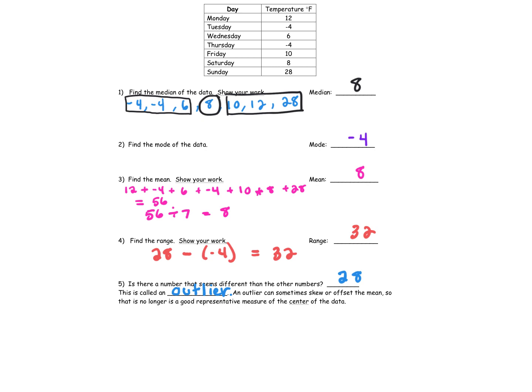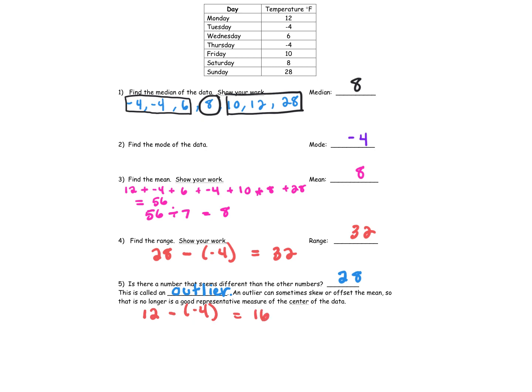However, if I look at the range without 28, the range of numbers is from 12, that's the highest temperature without 28, minus -4, and the range is only 16.